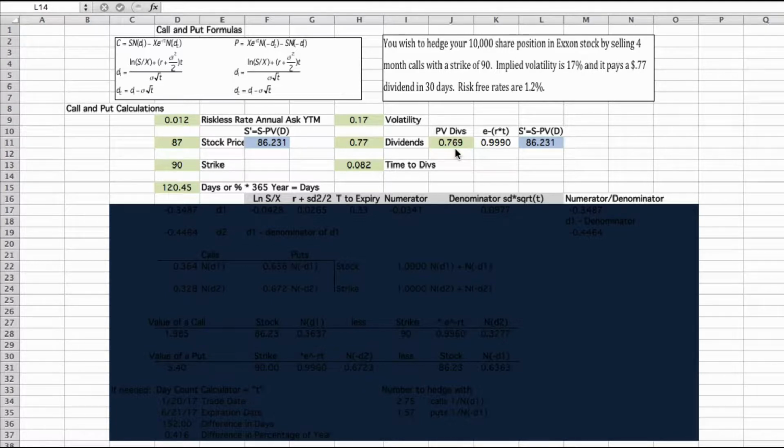With such a low risk-free rate and only 4 months or a third of a year, the present value of that is almost the same number. So anyways, the adjusted stock price is about $86.23. And you'll see that when we get down to D1 and solving for the Black-Scholes option call price.